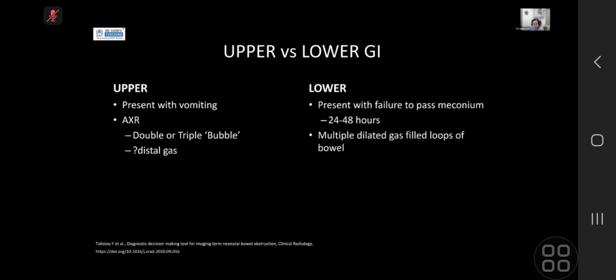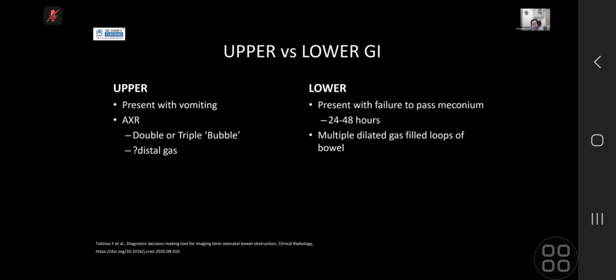So on X-ray, you can tell depending on what bubbles you see. Is it a single, a double, or triple bubble? You can tell whether there is some form of atresia. Gastric atresia is a single bubble, duodenal atresia is a double or triple bubble. And of course, whether there's distal bowel gas or not, then maybe it's not atresia after all, because atresia is a complete occlusion of your bowel lumen.